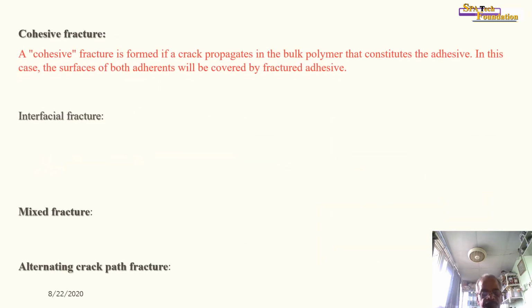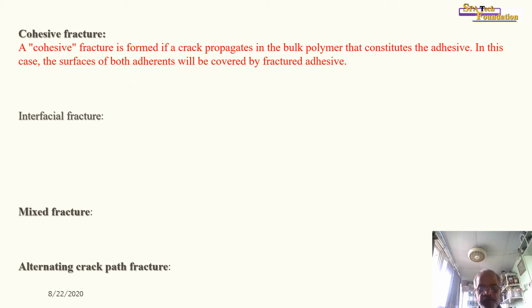Cohesive fracture. A cohesive fracture is formed if a crack propagates in the bulk polymer that constitutes the adhesive. In this case, the surfaces of both adherents will be covered by fractured adhesive.